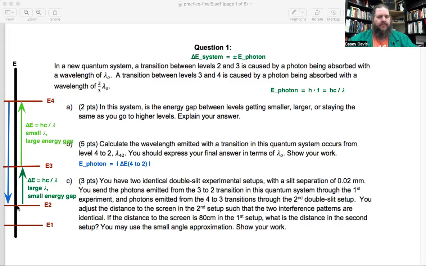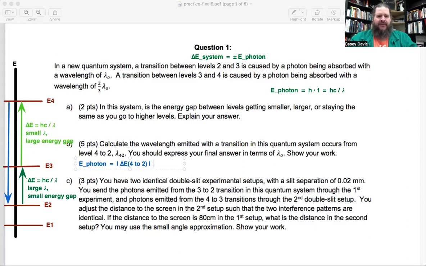So when we take the absolute value of it, it should be the same. We should be able to just add those absolute values. So energy gained from 2 to 3 plus energy gained from 3 to 4 is the total energy gain. And in terms of absolute value, that's the same as the total energy loss.